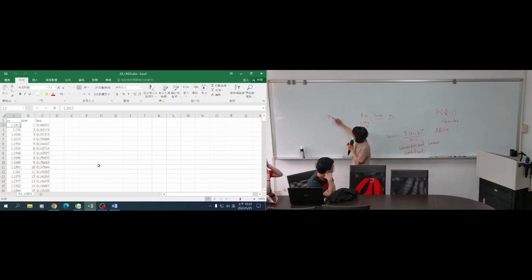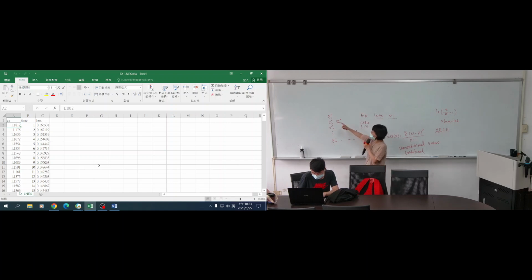So if I have n observations, on the diagonal we have sigma 1 squared, sigma 2 squared, up to sigma n squared. Then the off-diagonal parts are sigma 1,2 squared, sigma 1,3 squared, up to sigma 1n squared.